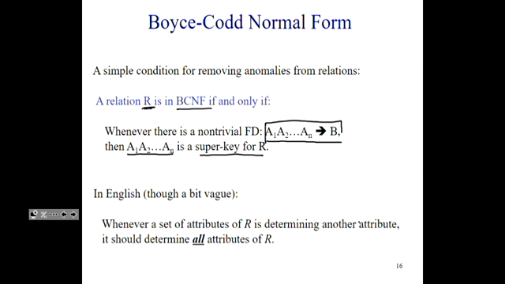It is a superset of a key for that relation. Otherwise, the relation is not in Boyce-Codd normal form, and we have to decompose it further.